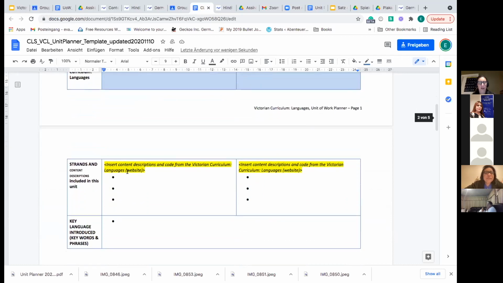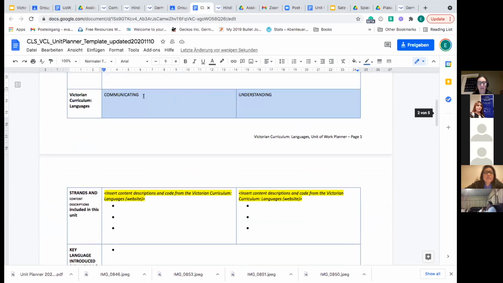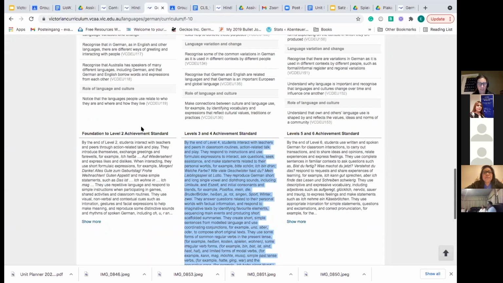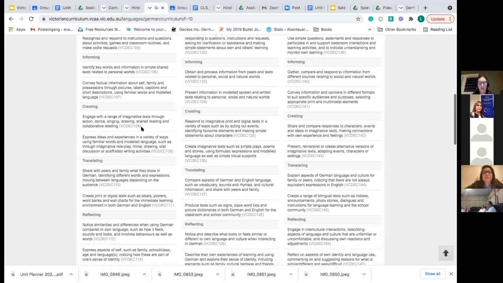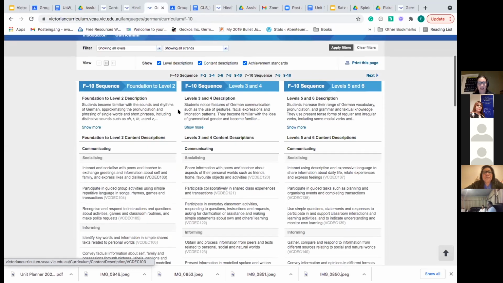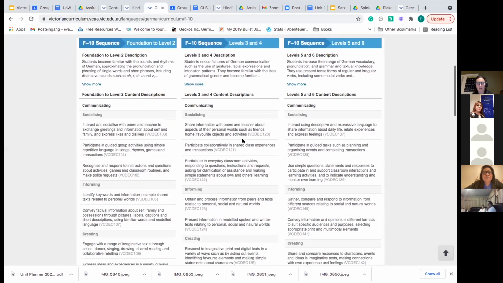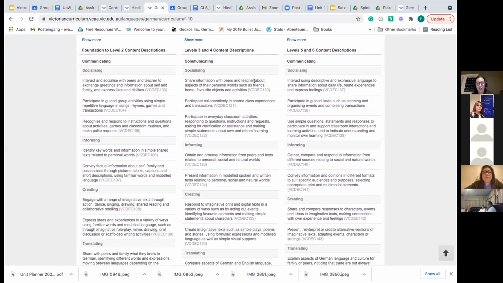Now we have the strands. So let's go to communicating first. So I go back to the curriculum and let's scroll up to the strands of communicating. Socializing. Share information with peers and teachers about aspects of their personal world, such as friends, home, favorite objects, and activities.